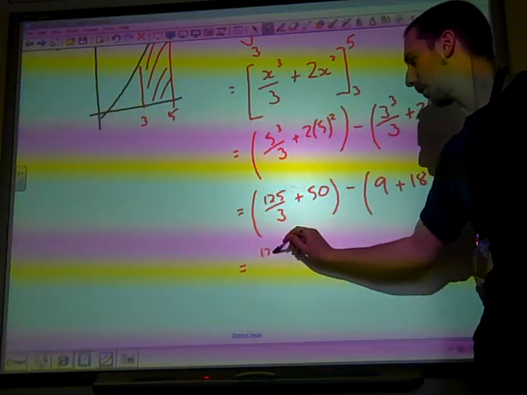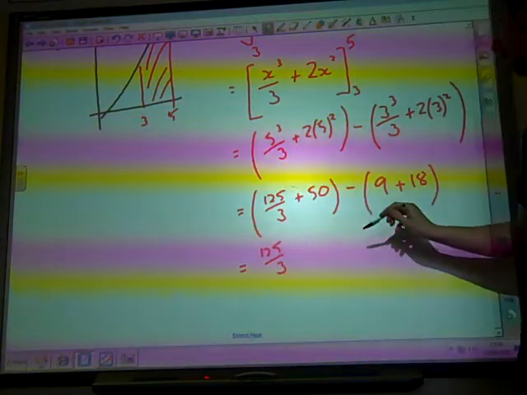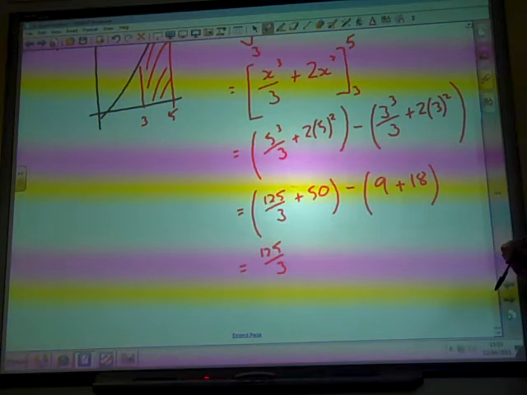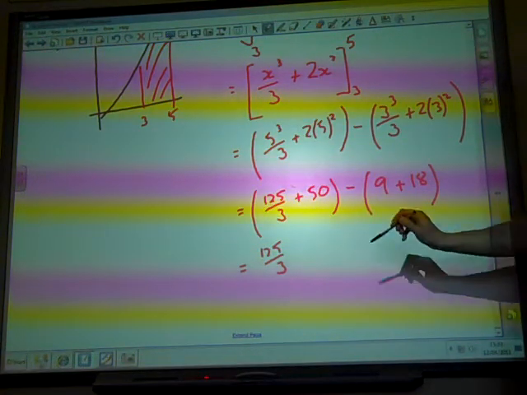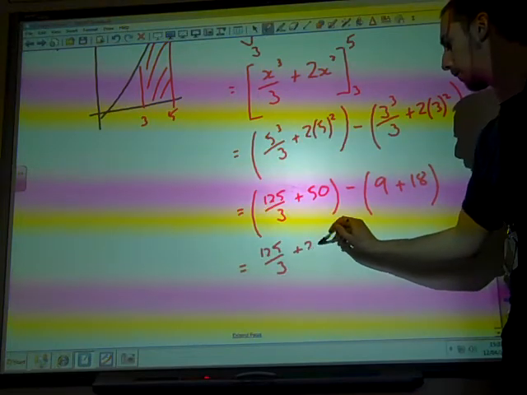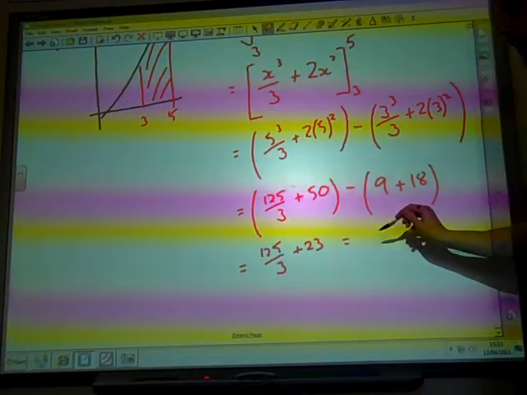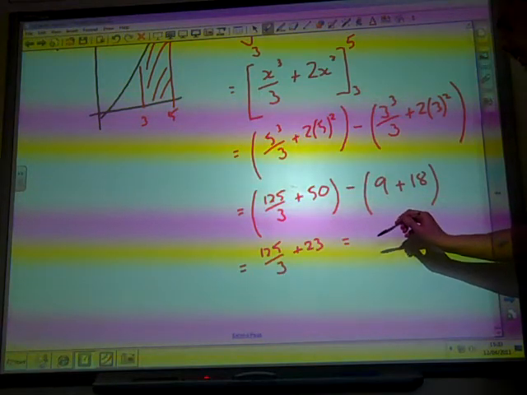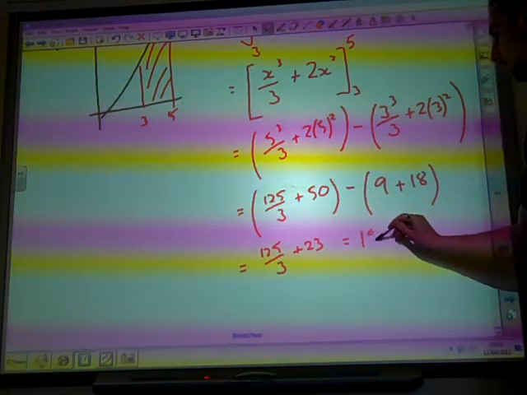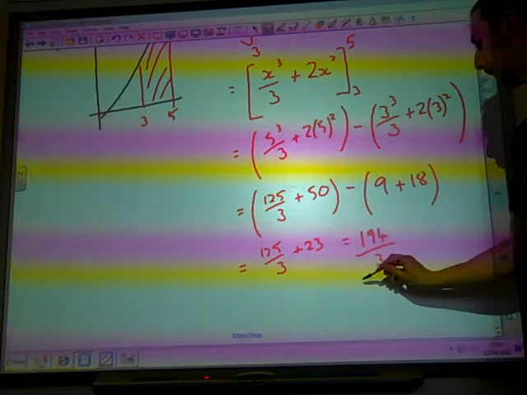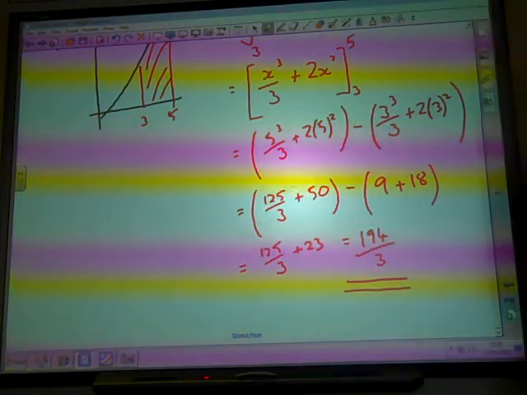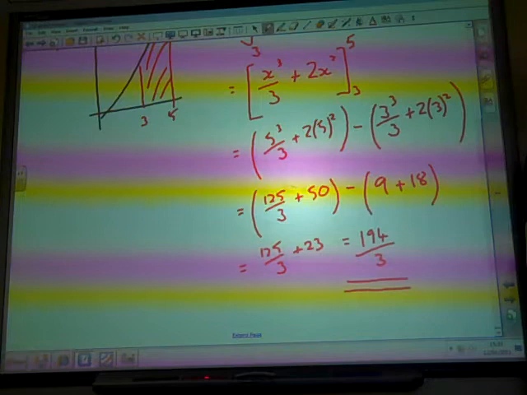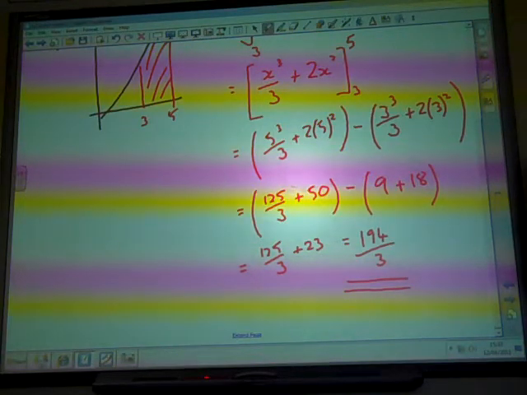Okay. So we're getting some kind of answer. 125 over 3 plus another 3 is going to be 194 over 3. There we go. The question said the exact area, didn't it?